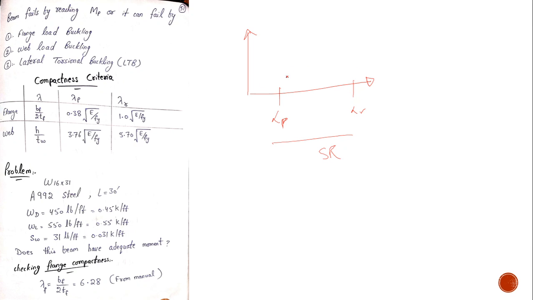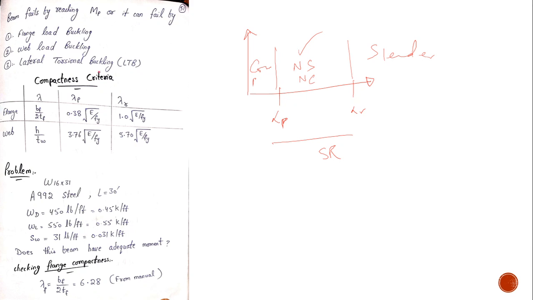You have to find the slenderness ratio of the web and flanges, point out its location, whether it is in the non-compact zone here, compact here, or slender here. Based on your assessment from this diagram, you use the appropriate value for your design.